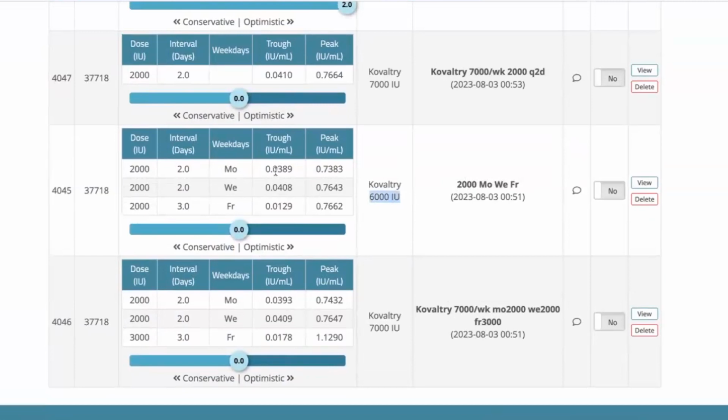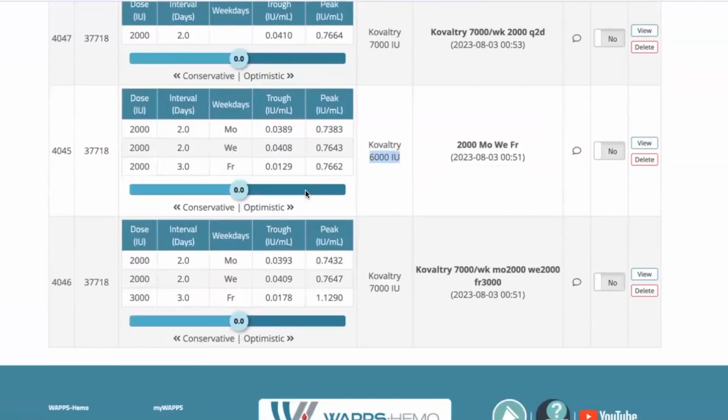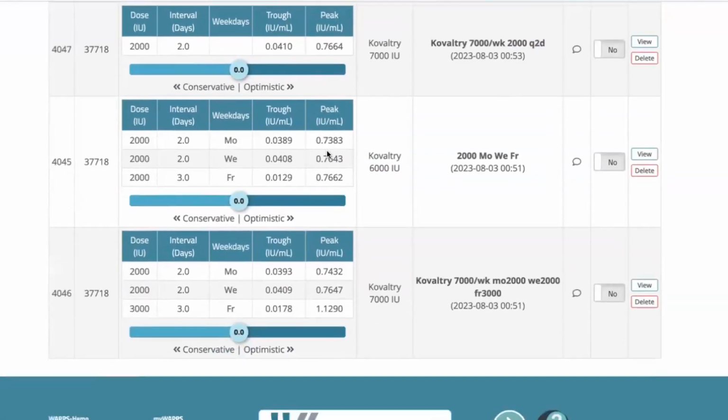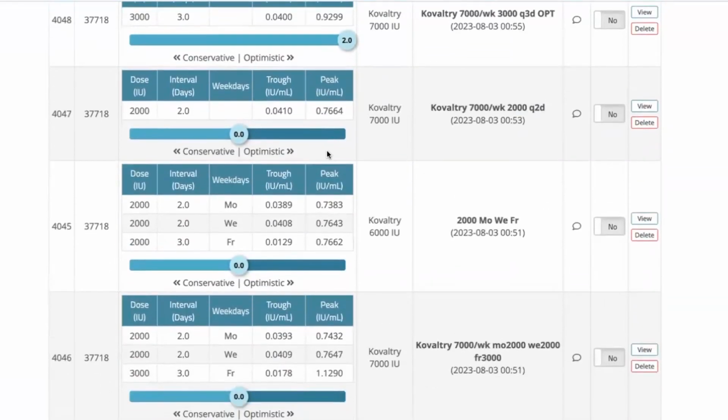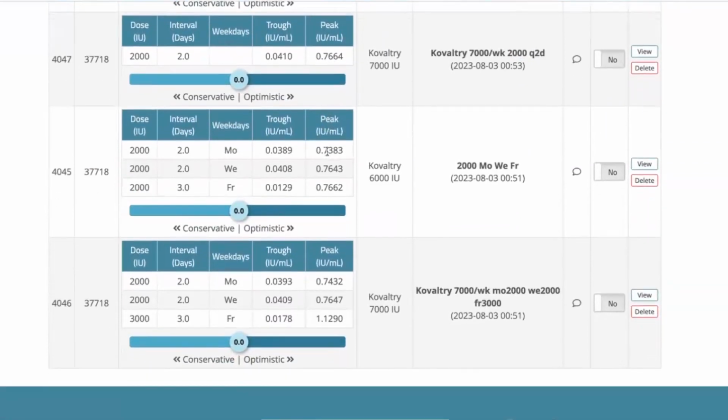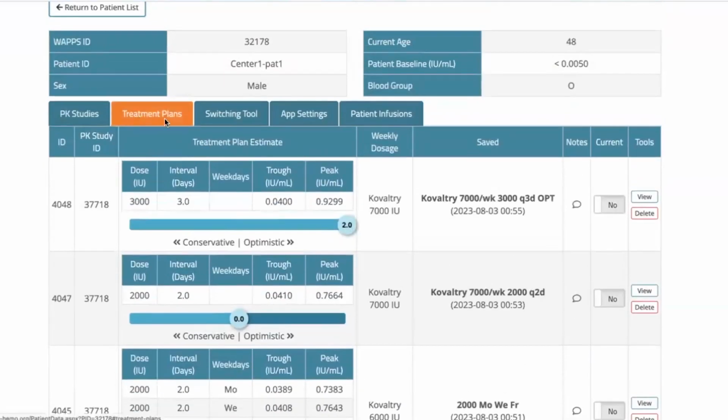And here I have peak and trough. I have the 7,000 a week, Monday 2,000, Wednesday 2,000, Friday 3,000 with peak and trough. I will have the 2,000 every other day, 7,000 a week, peak and trough, and so on. So once I've generated all the possible treatment plans, I have them listed here under treatment plans.